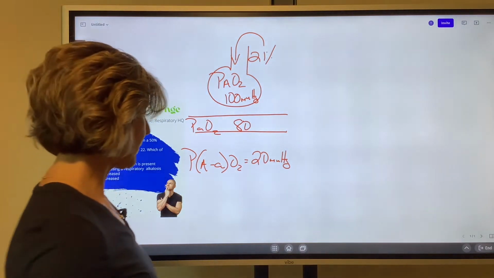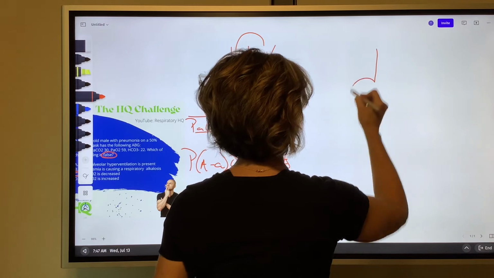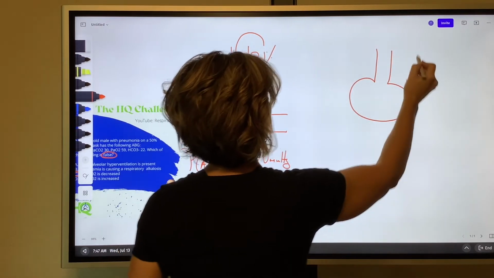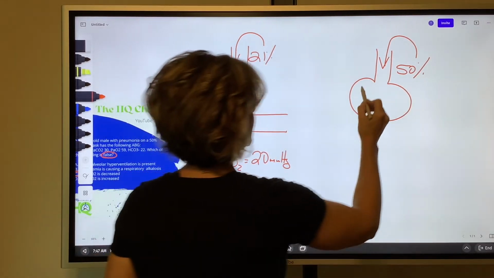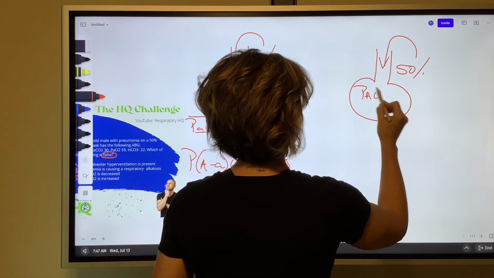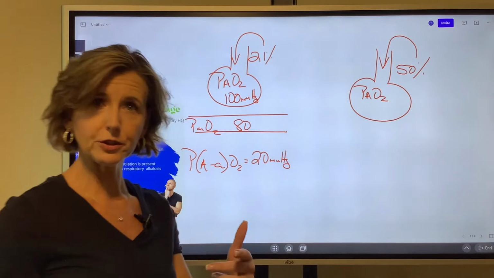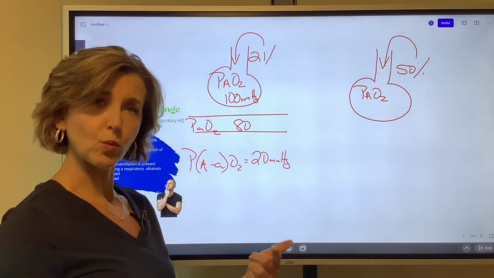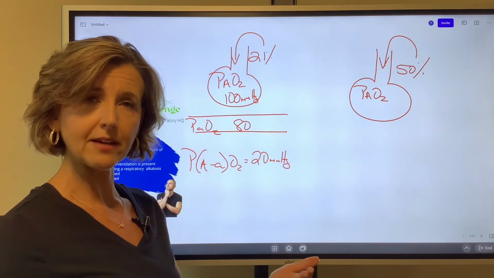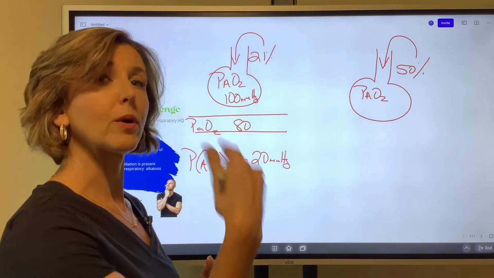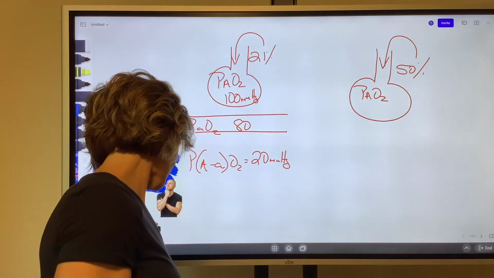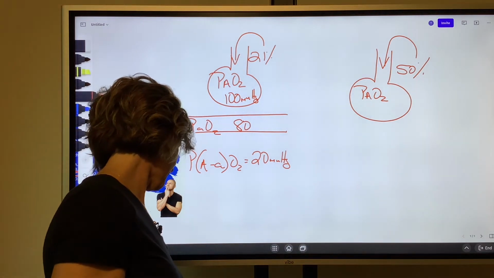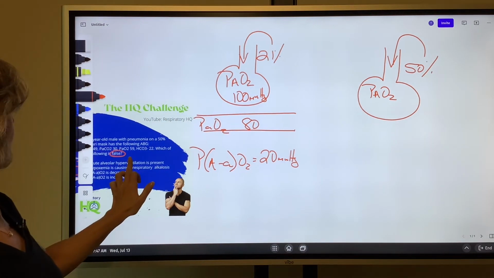Now, this situation that we have going on right here in the example test question, our patient is breathing an FiO2 of 50%. So now when we calculate the PAO2, barometric pressure 760 minus water vapor pressure 47, that answer times 0.5. From that, you subtract the CO2, which on this blood gas was 30.